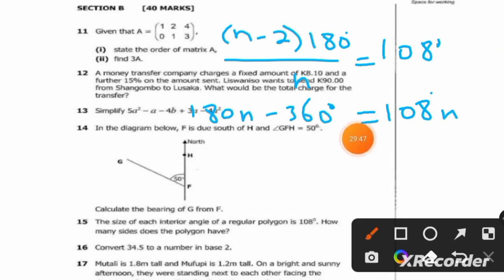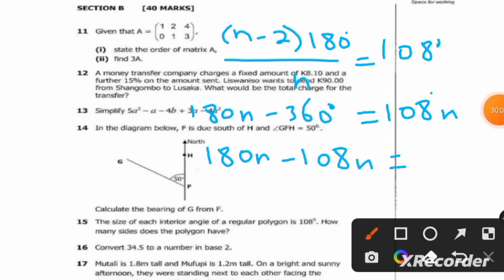So this one will shift to come here, and this one will come here. 108n minus 180n is equal to negative 360 degrees.